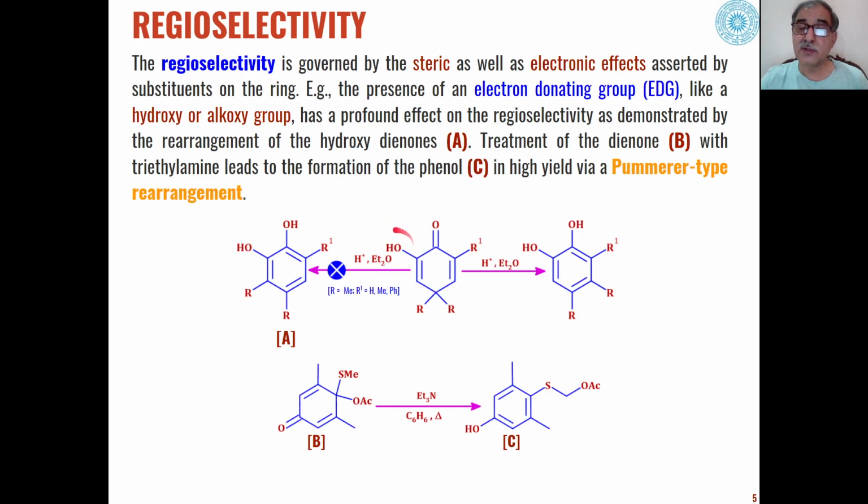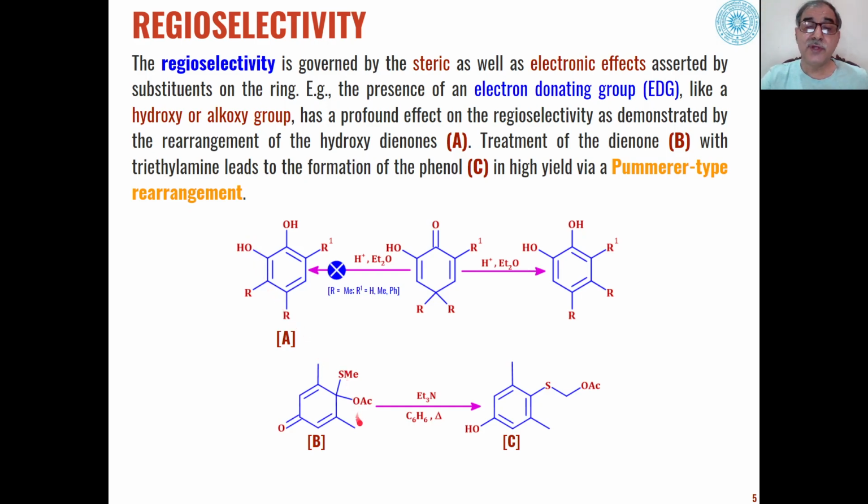Now, when this hydroxyl or alkoxy group is present and this group is a small group, say like methyl group, then the preferential migration of these R groups will be towards this carbon and not towards this carbon where the hydroxyl group is, because this will lead to formation of a more stable carbocation intermediate which will give us this as the product. Whereas this product will not be formed, where one of the R groups migrates to the position adjacent to the hydroxyl.